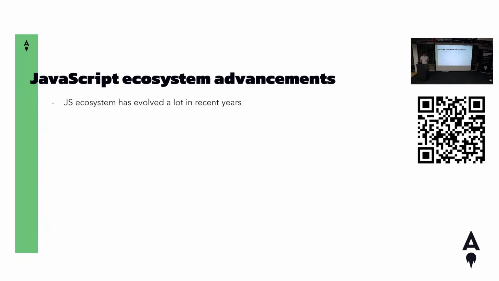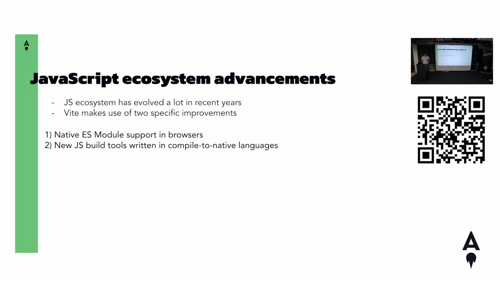So the JavaScript ecosystem has evolved a lot in the past few years. And notably, there have been 2 specific improvements. The first is that we finally got module support in browsers using ECMAScript modules. And secondly, we've got a new generation of build tools which are written and compiled to native languages. So that's like Rust and Go and so on.